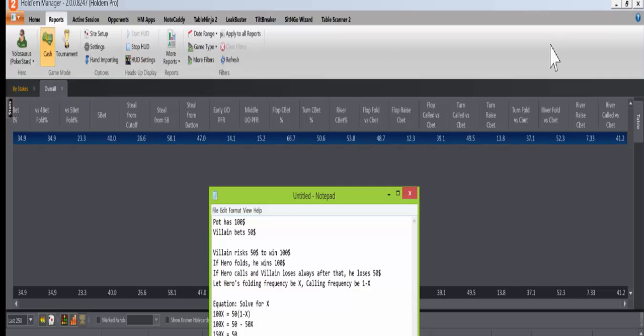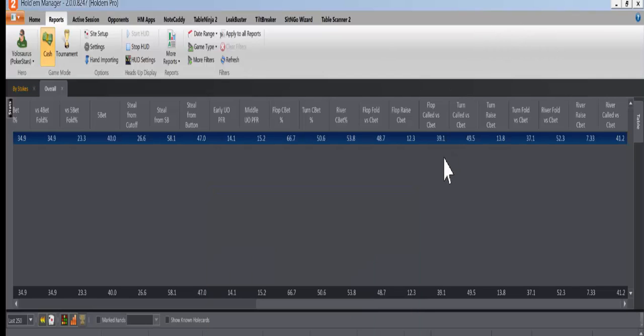Okay, so next we have the raise c-bet. 12%, I think is fine. Not too high, not too low. I'm worried that I don't raise enough on the flop. Does this number suggest that?